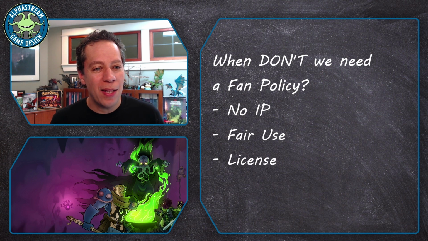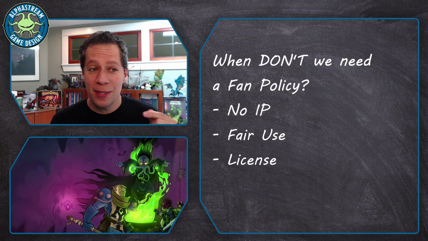You don't need a fan policy if you're operating under a license. So if I publish on the DM's Guild, I am using that license that's involved in the DM's Guild. I'm no longer under the fan policy. And that's both good and bad, right? So one is I'm following all these guidelines that allow me to say, create an Eberron product. But now that I'm under that license, I can't talk about Planescape if Planescape's not open on the DM's Guild.